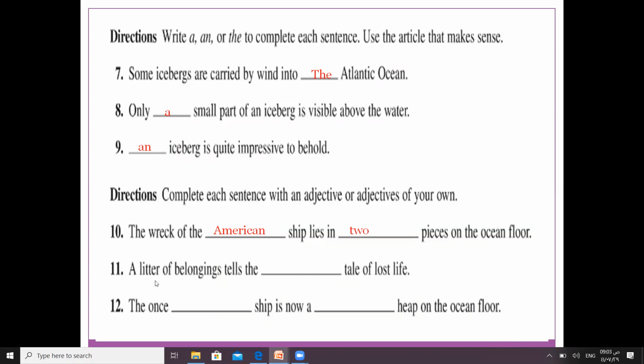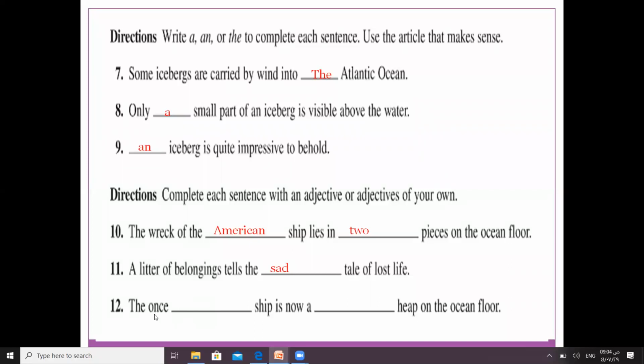Can I write 55? A letter of belongings tells what? The tale of lost life. If they lost their life, so this story will be what? Deadly. A sad story. I choose sad. Me too.